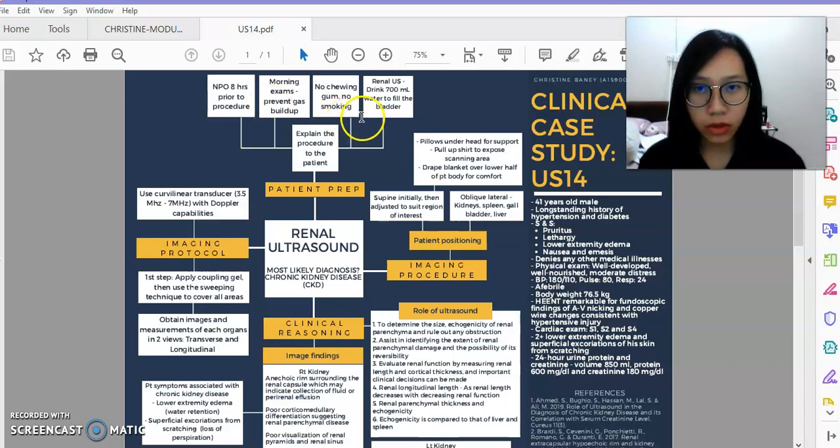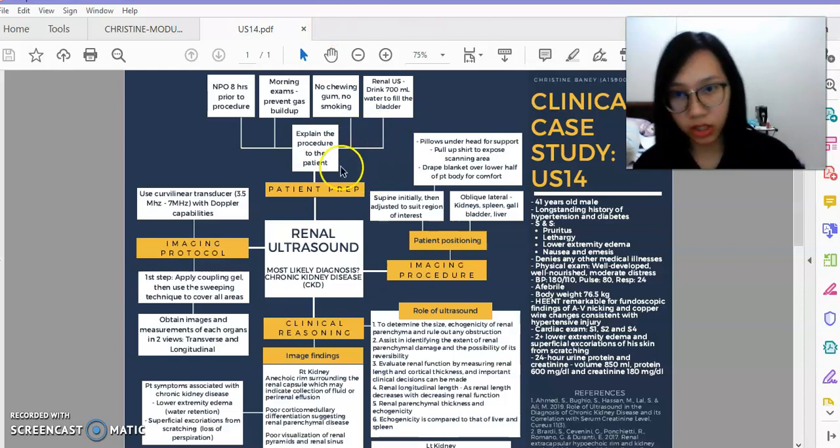The patient also has to stop smoking, no chewing gum. And for renal ultrasound, the patient has to drink 700 ml of water to fill the bladder so that the bladder can act as an acoustic window. And we will also have to explain the procedure to the patient before the examination.